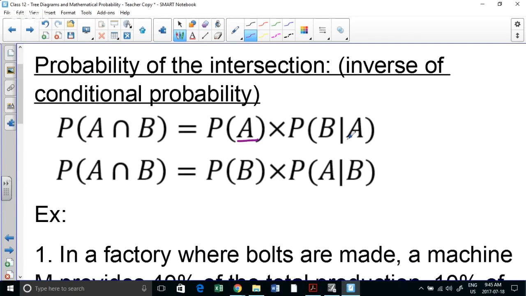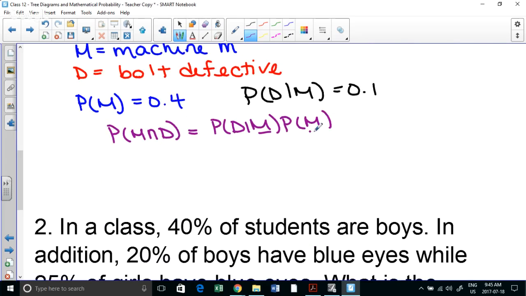Notice we have the A with the A and the B with the B. So in this case, we have the M with the M. And all we have to do is plug this in. So here we have 0.1 and 0.4. So that gives me 0.04. So we're not going to spend too much time on this because we don't usually get questions like this.